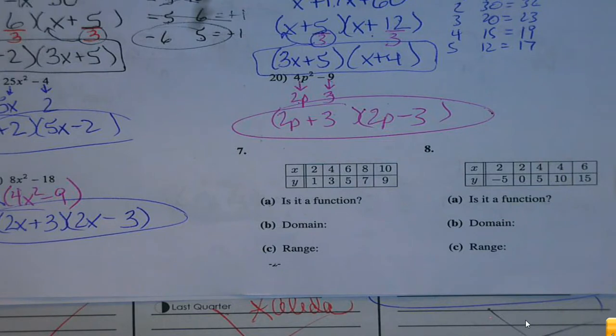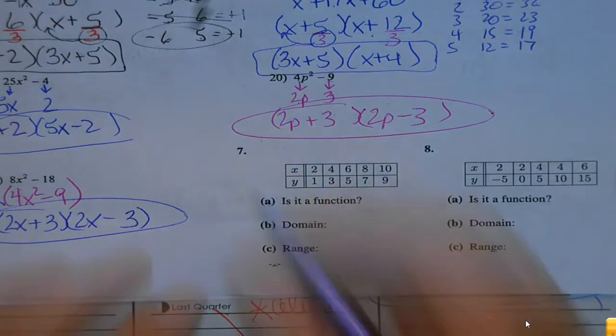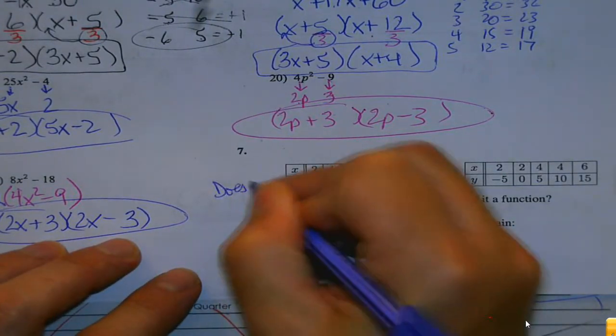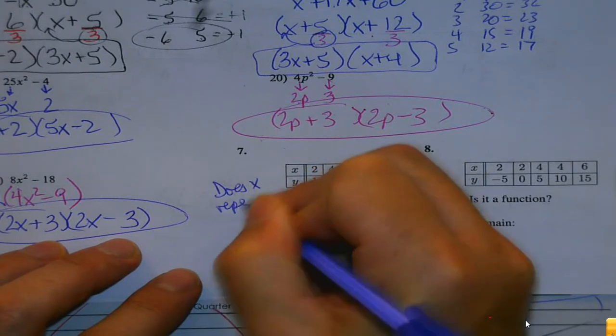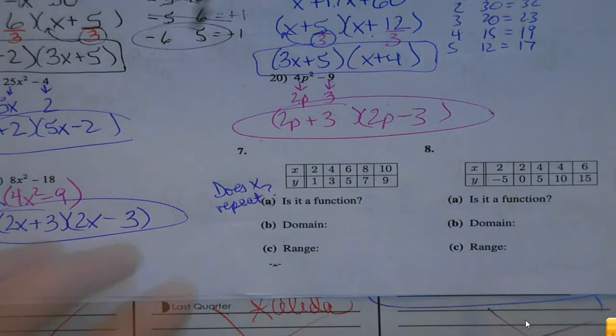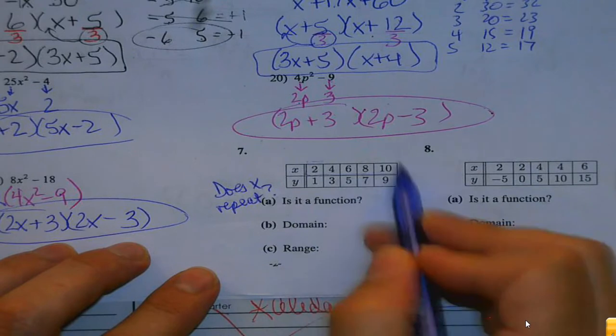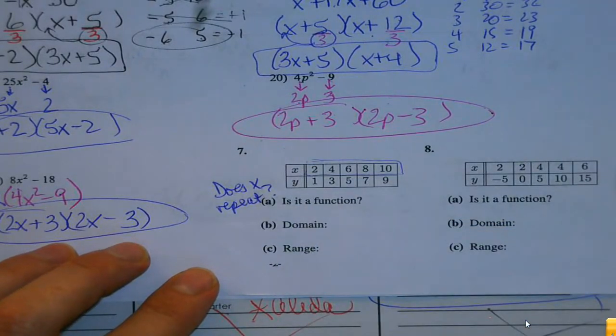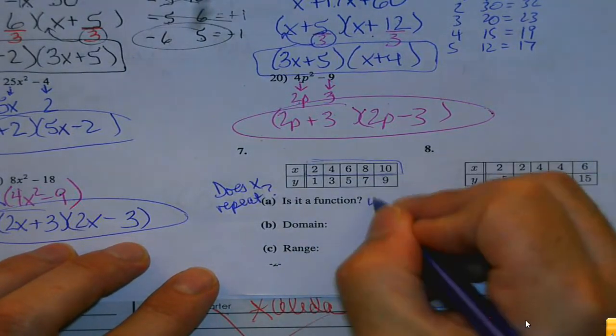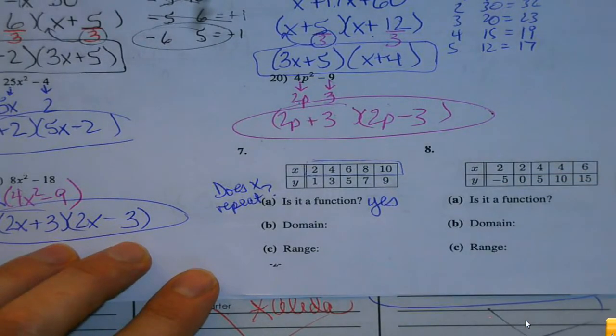But these are the ones where we talk about, is it a function or not? And remember, when we're looking at a chart, the question here is, does x repeat? If I look at my x's, and none of them are repeats of each other, it's a function. Okay, simple as that. That's all you have to even consider here.